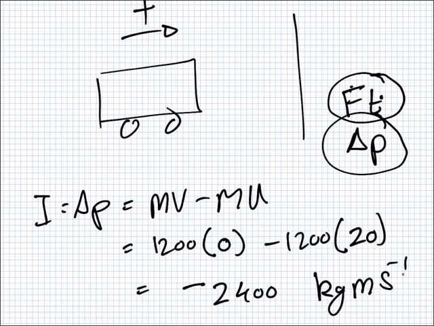Yeah? Now, the way I like to think of impulse is the thing that hurts you. So when you're talking about a collision, the thing that matters is the impulse, how your momentum changes.